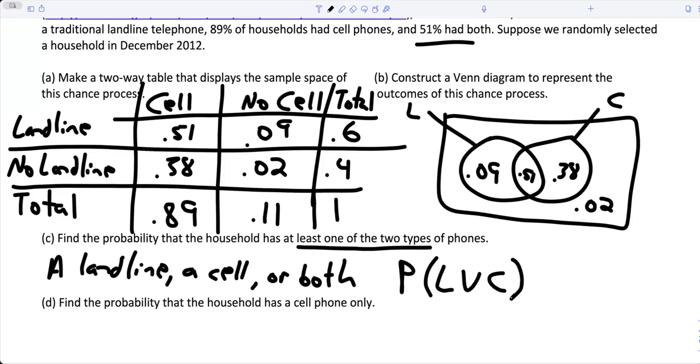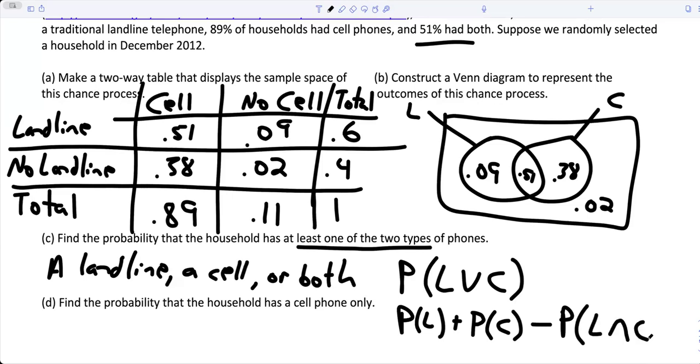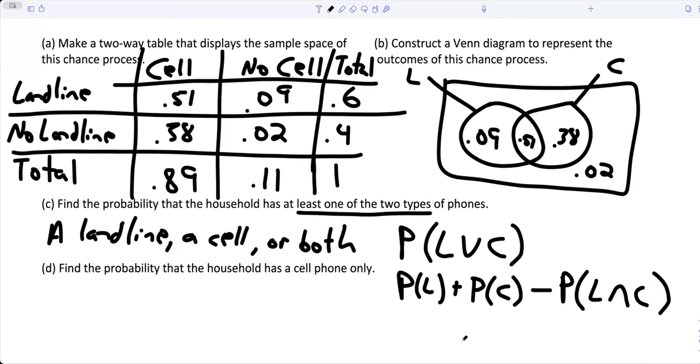And mathematically, are the events mutually exclusive? No, because you can have both. Therefore, this is the addition rule, which would be probability of L plus probability of C minus the probability of L intersection C. We can look at the Venn diagram and work it out, but it's helpful to look at the rule.